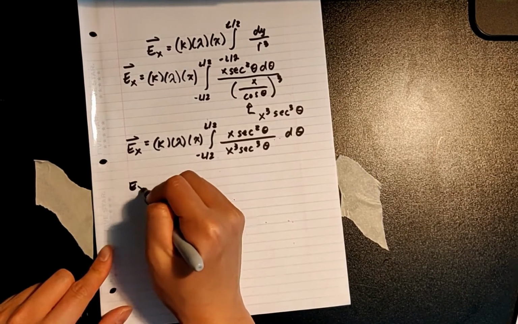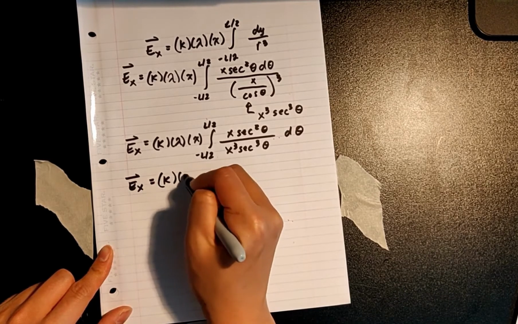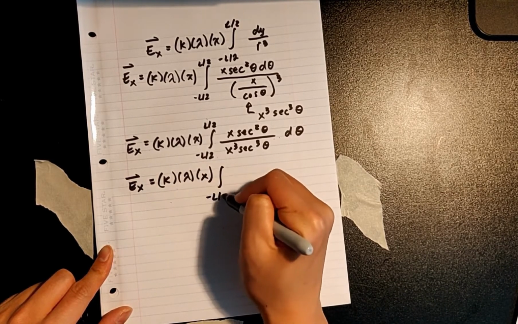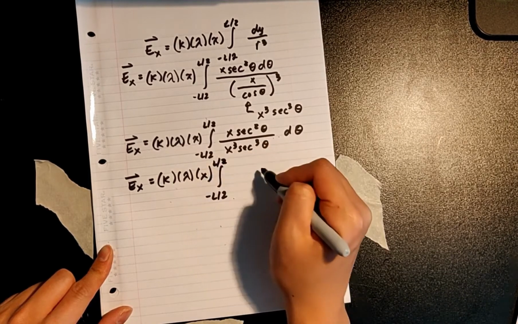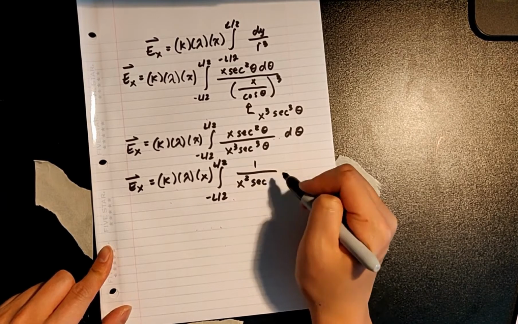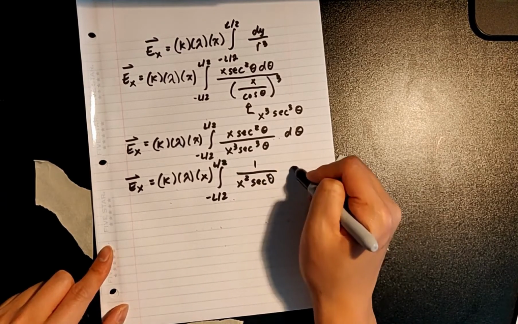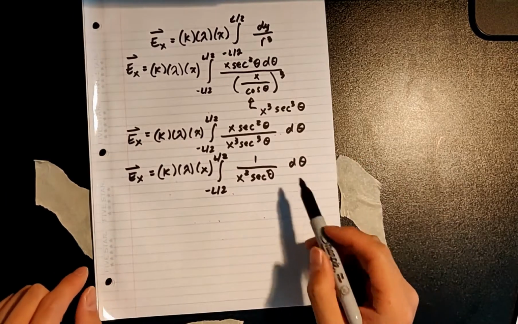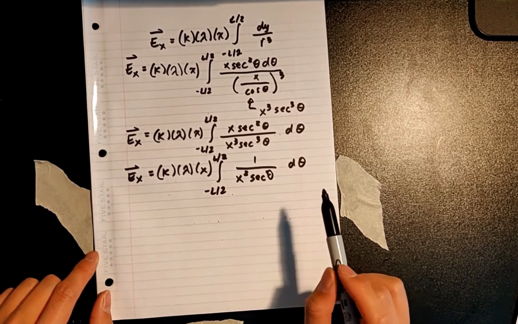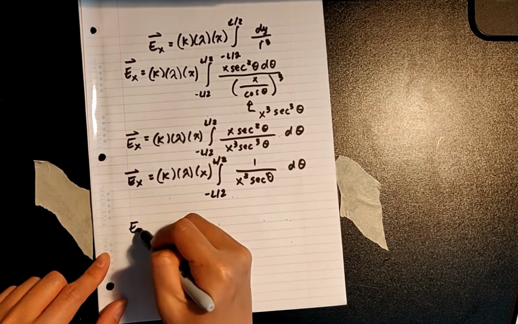So Ex would then just be equal to k lambda x, integral from negative L over 2 to L over 2, of 1 over x squared secant theta d theta. And if this integral is still confusing, we can always take out this x squared because x squared is going to be a constant.